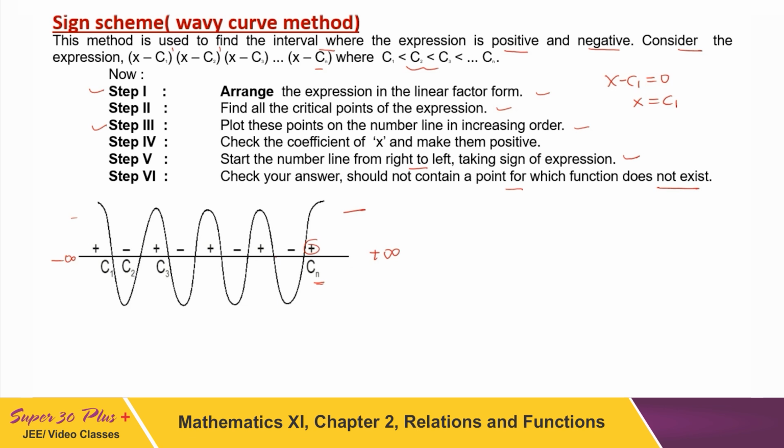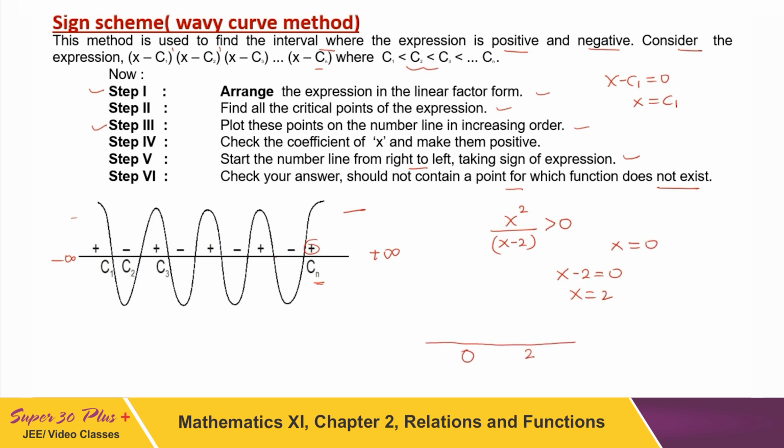Suppose we take an example, x square upon x minus 2. Now we have to find the region where it is positive. What are the critical points? From x minus 2 equals 0, x equals 2, and from the numerator, x equals 0. Arrange the critical points on the number line in increasing order.